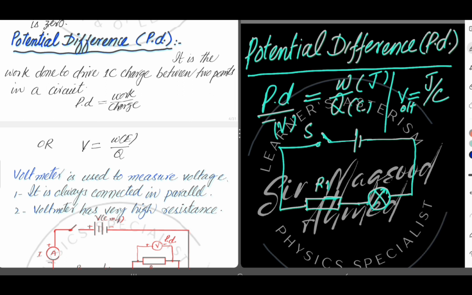In this example, we have drawn a circuit diagram in which we have a cell or battery. Let's suppose the voltage of the battery is 12 volts, and there is a switch in the circuit and we have two electrical components. R1 is a resistor and we have a lamp L1.